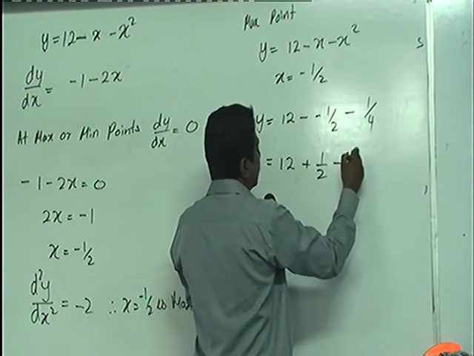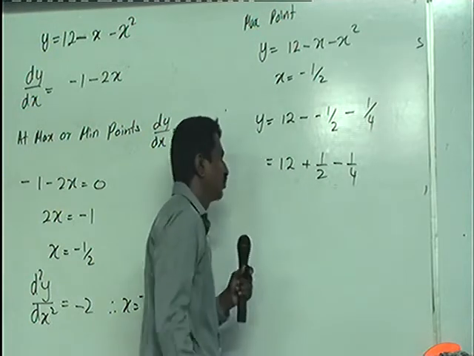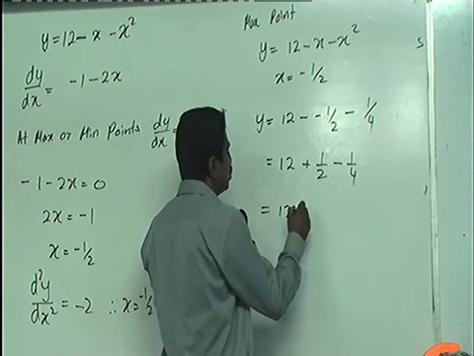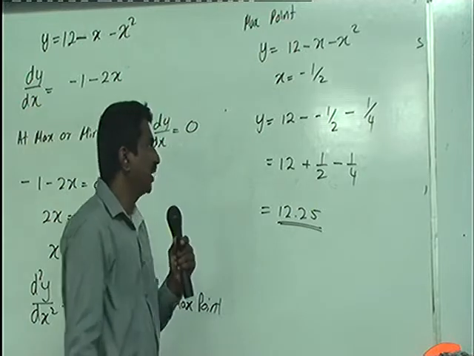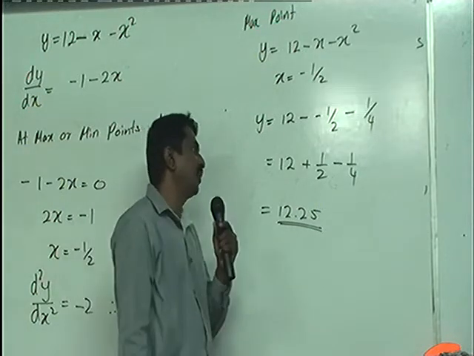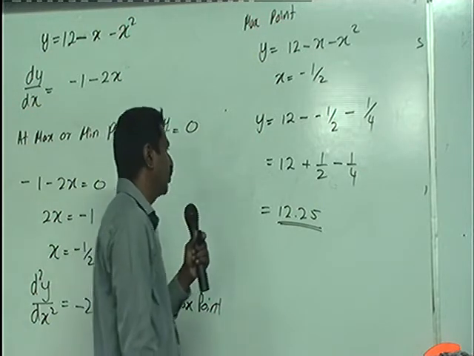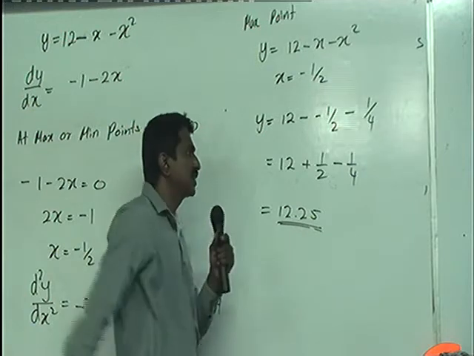Half minus 1 over 4 is 0.5 minus 0.25, which is 0.25. So 12.25 is the maximum value.